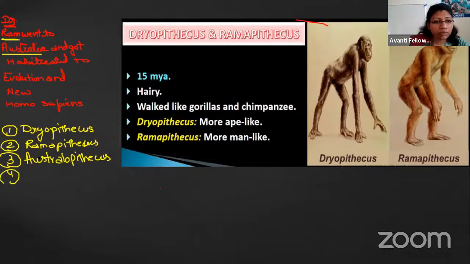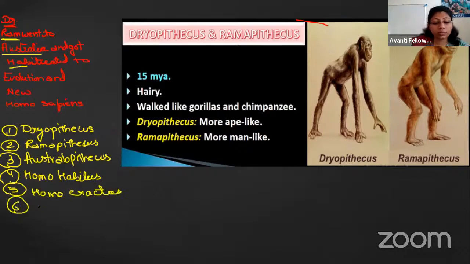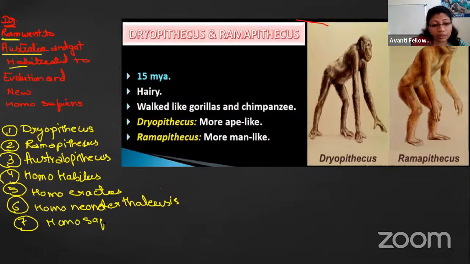Then fourth, from the habituated, we have Homo habilis. Then fifth, we have Homo erectus. And sixth, we have Homo neanderthalensis. And the last one is us, that is Homo sapiens.